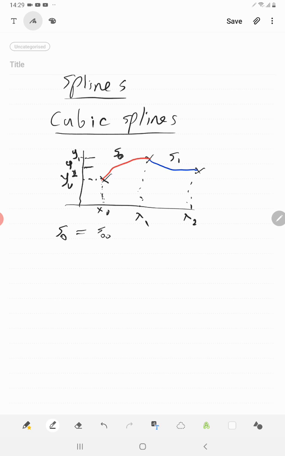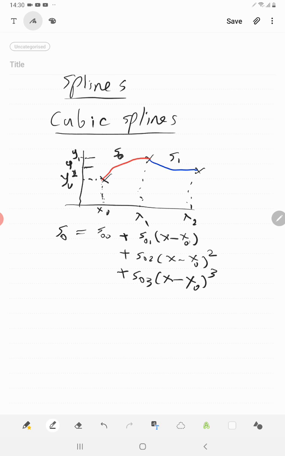Okay, so the first curve is a constant plus another constant, S0,1, times x minus x0, plus another constant, S0,2, times x minus x0 squared, plus another constant, S0,3, times x minus x0 cubed.